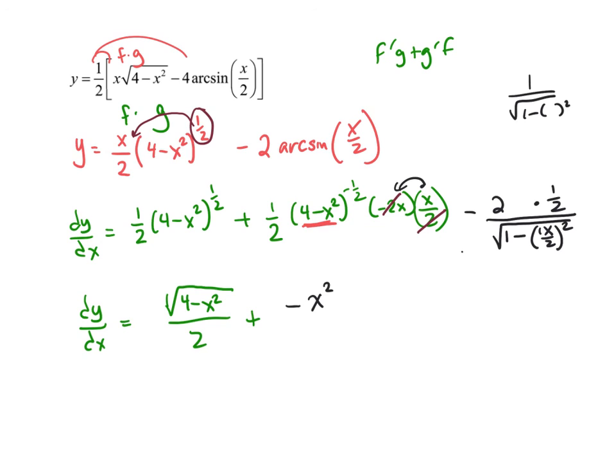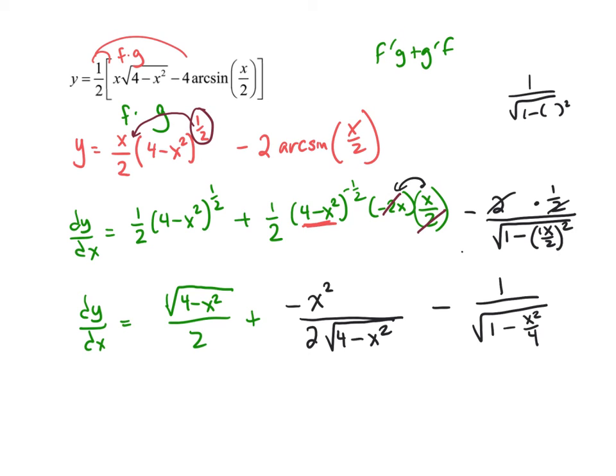I also have a 2 on the bottom here. And this is an interesting fact. When you have a negative power, remember, we can take that back to the bottom. So that's 2 over radical 4 minus x squared. Here the 2's cancel, so this is going to be minus 1 over square root 1 minus x squared over 4.